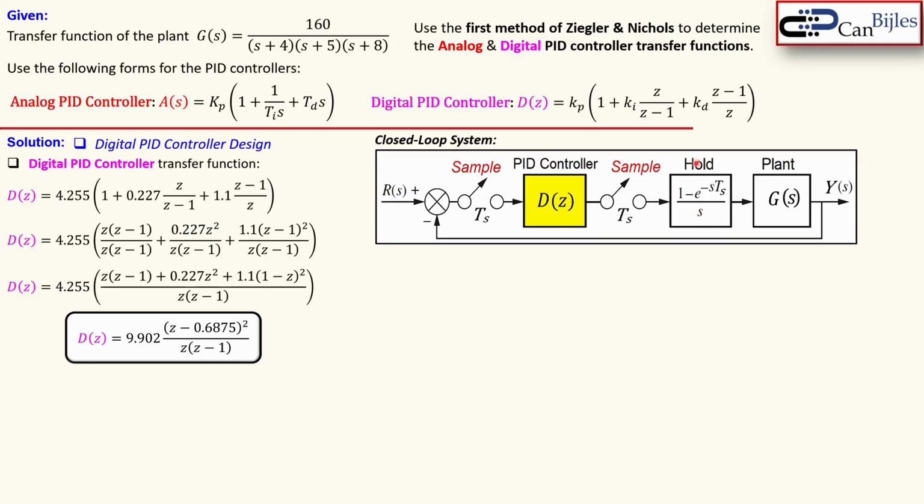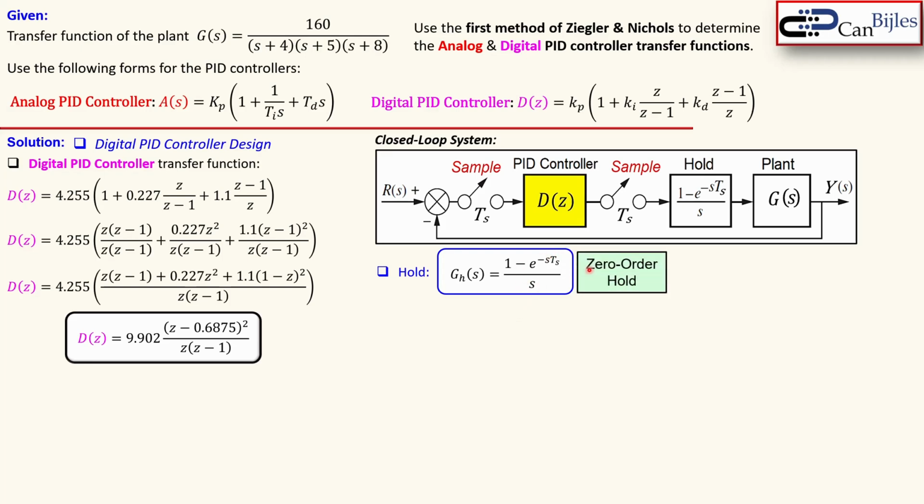And that holding has a transfer function which is not derived here, but that is given by this expression, where you see again this Ts, which is determined by your sampling period. And the plant is of course also in cascade in this system. So the holding operation, which is given by G sub h here, is 1 minus e to the power minus sTs, which is this sampling period, over s.